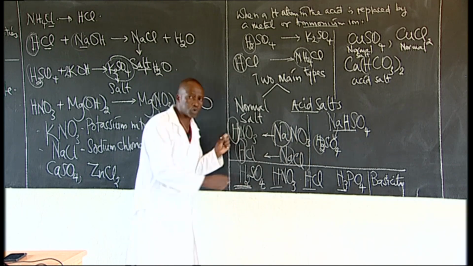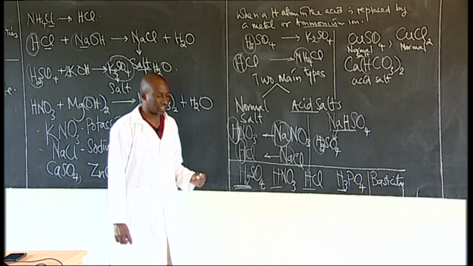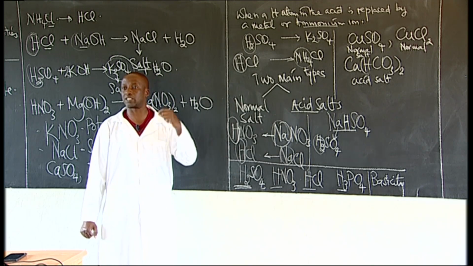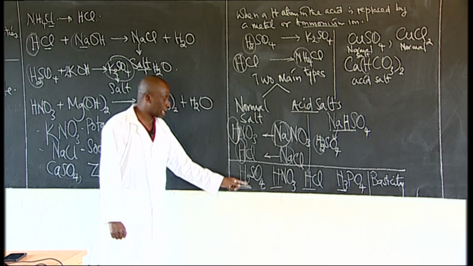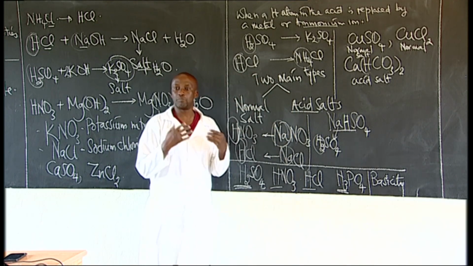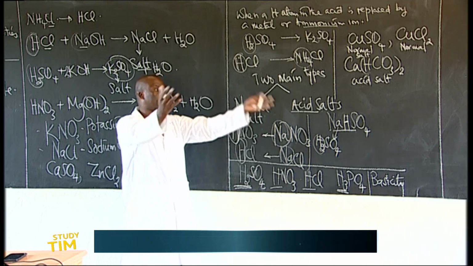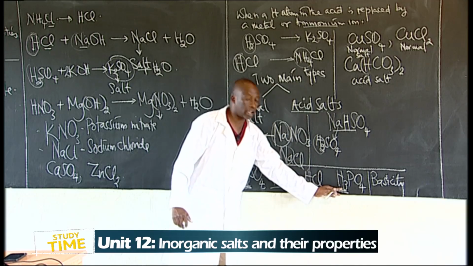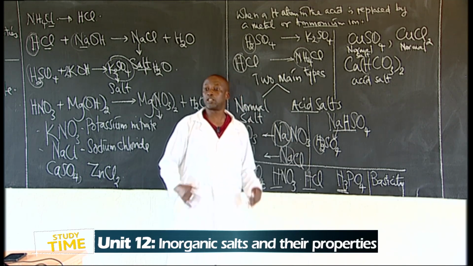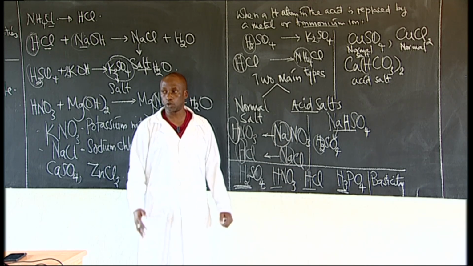Those that have 2 are called dibasic acids. So we use the prefix di, dibasic acid. If they are 3, then we use tribasic acids.